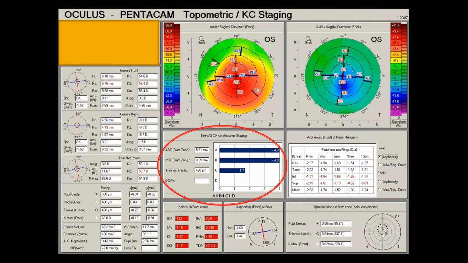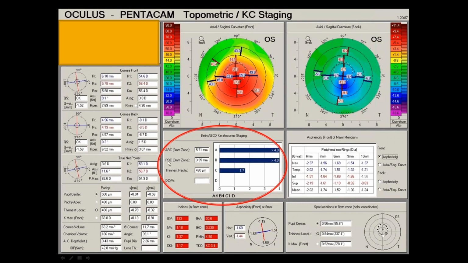Now, there is a staging of keratoconus called the Belin ABCD keratoconus staging method, and you can actually put in there also, we didn't do it, the best corrected spectacle acuity in that area. And here on a scale of 0 to 4, the A value or the ARC value is a stage 4.